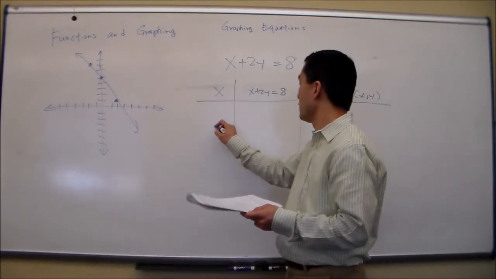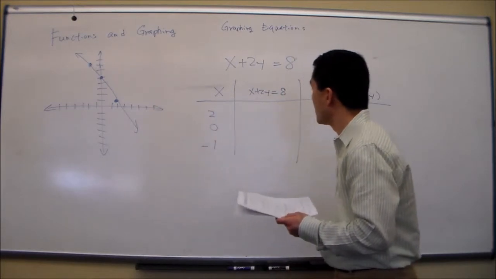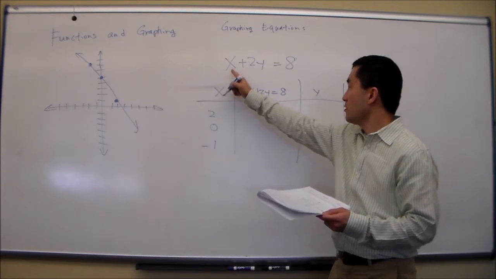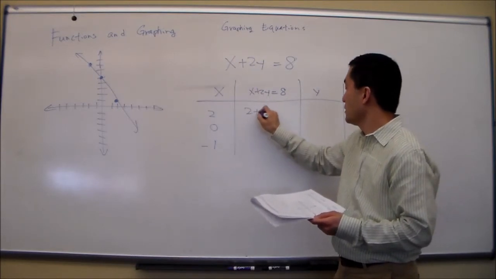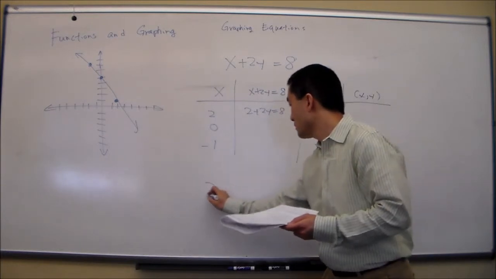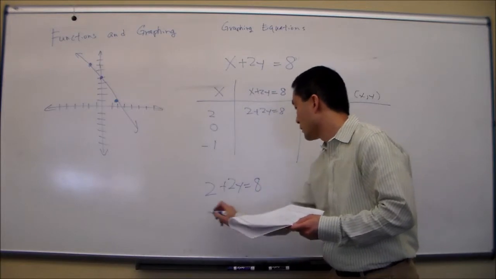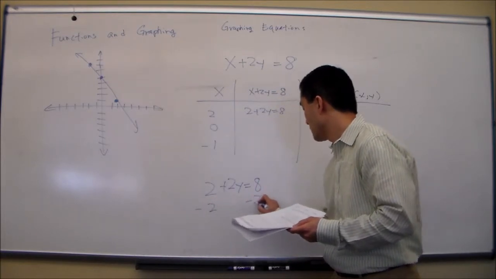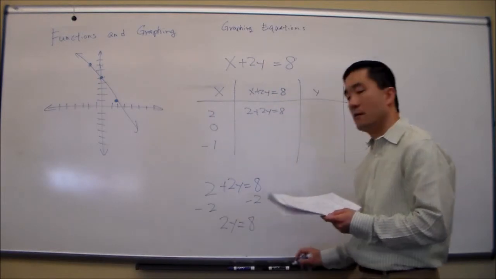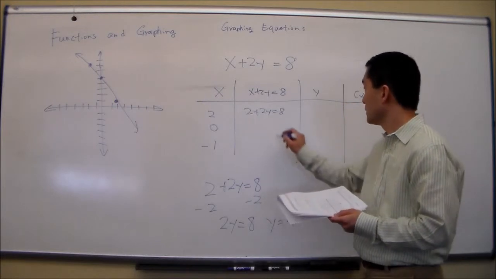Why not use the same one? 0, 2, negative 1. Slightly different because it's going to be 2 here. 2 plus 2y is 8. Subtract the 2. You get 2y is equal to 8. So that makes y 4.